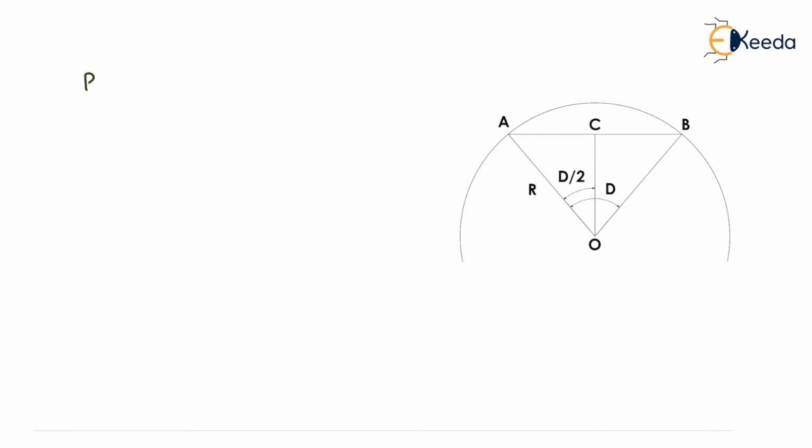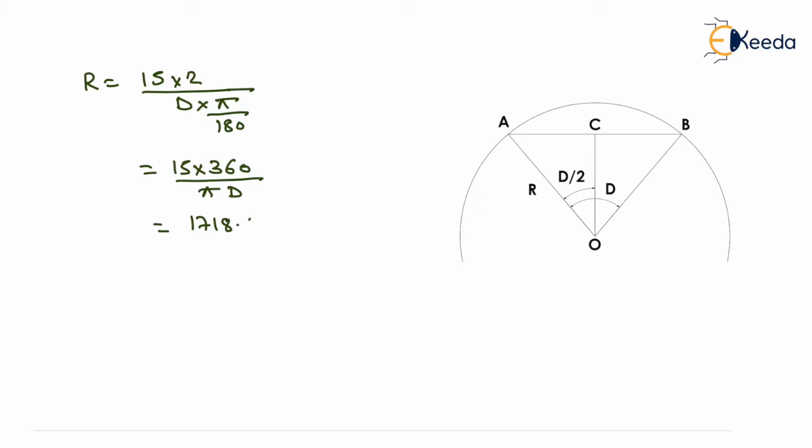Now it will be equal to 15 into 2 upon capital D. Now to convert the degree into radian, we need to multiply by pi by 180, and it will be equal to 15 into 360 upon pi D. On solving this, we will get 1718.9 upon capital D, which is nearly equal to 1719 upon D.